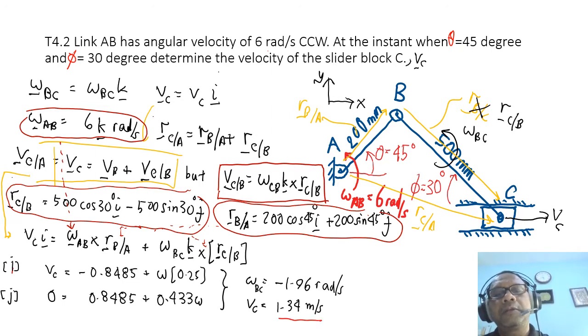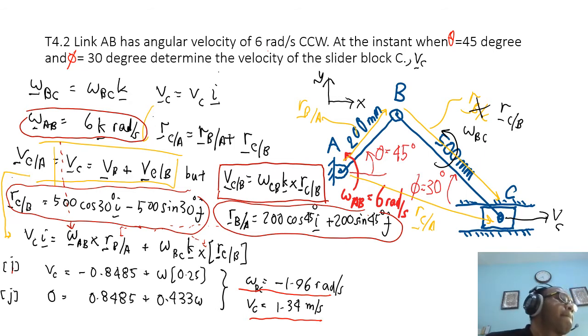Okay, so that's the answer. It's minus 134 meter per second. Okay, so let's move to the next question.